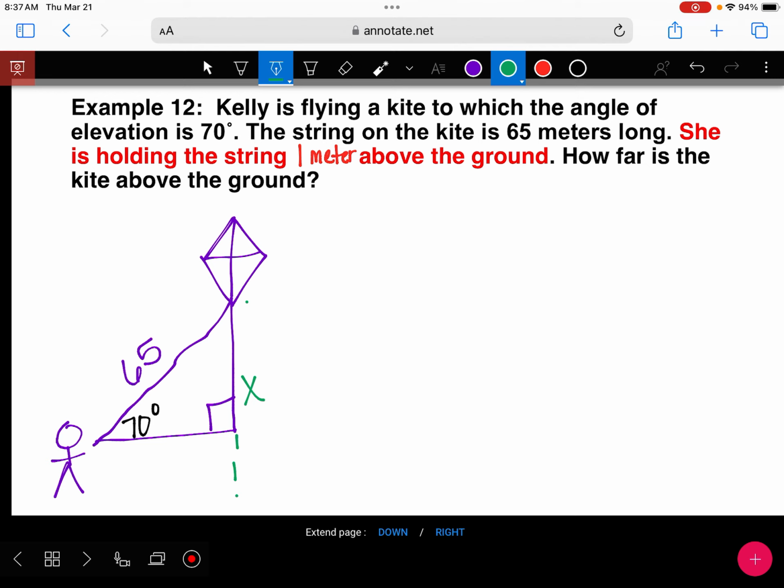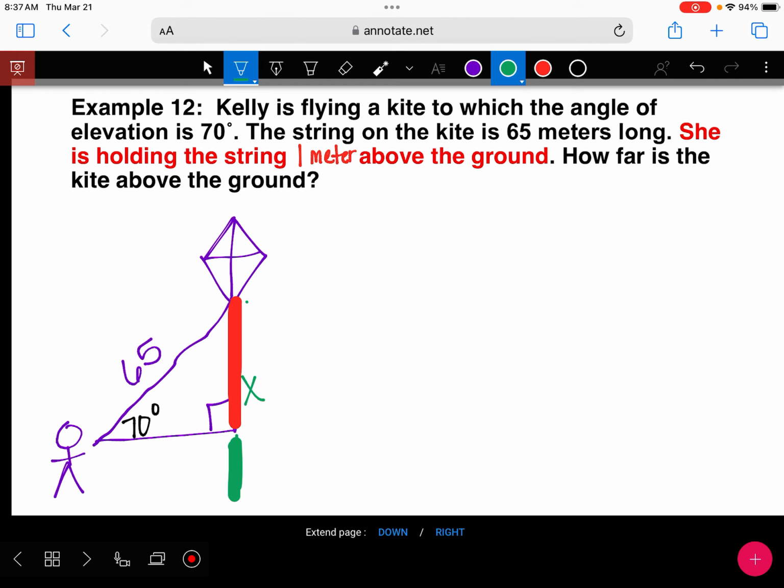The angle of elevation is on the ground and the angle of depression is above with the horizon, because Kelly is looking up, so that angle of elevation is going to be closest to her. So the first thing you're solving for is this piece, but then we have to add to that 1, because from here to here is an additional meter.